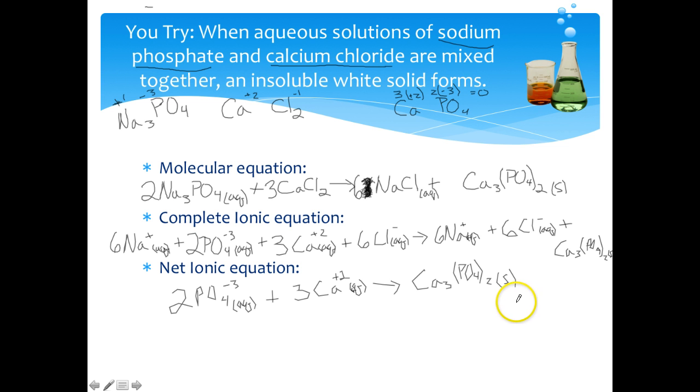And notice that it's always balanced. 2 phosphates, 2 phosphates, 3 calciums, 3 calciums. That's it. You just did that as practice.